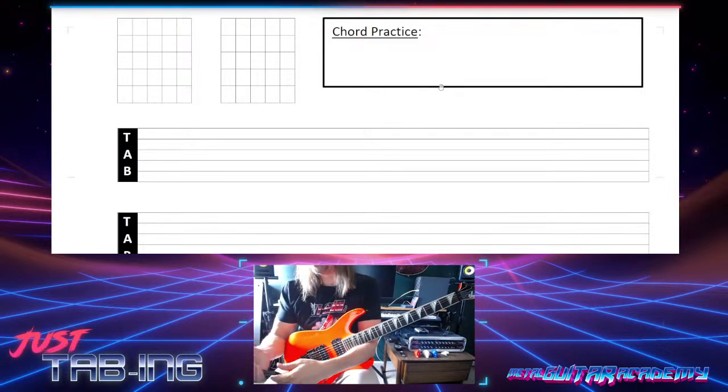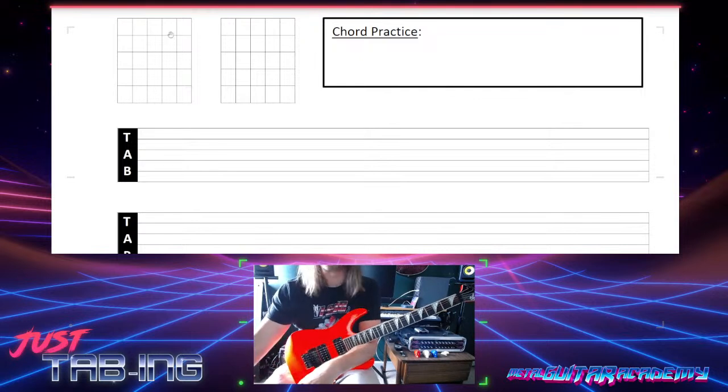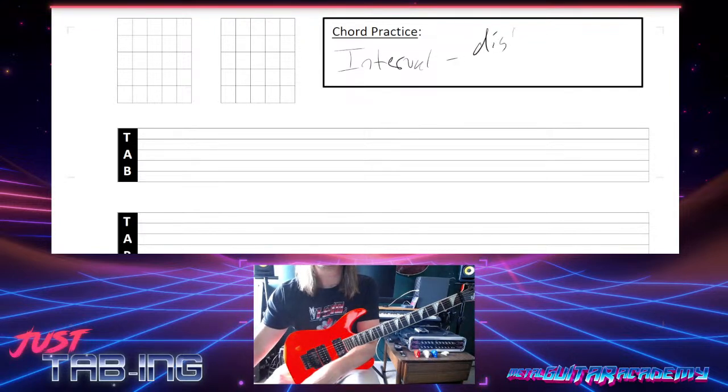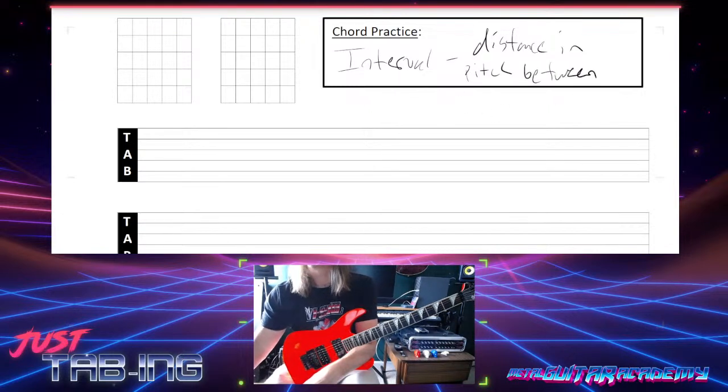Okay, so the definition of interval, by the way, this is all covered in a lot of other Metal Guitar Academy stuff, and it's so important, the repetition here. An interval is simply the distance in pitch, the highness or the lowness of the sound, between two notes.